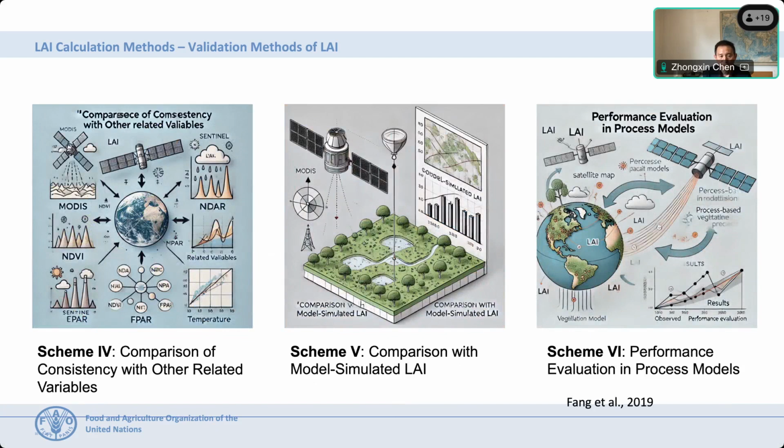And the fourth scheme, it's not just LAI itself, we consider relevant parameters like FPAR, and also climate and environment parameters like temperature and other variables. And the fifth scheme is we incorporate a simulation model into the comparison.